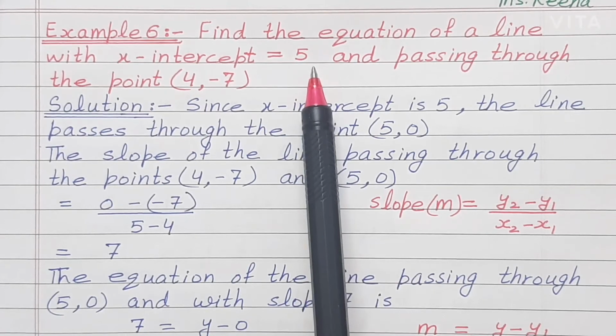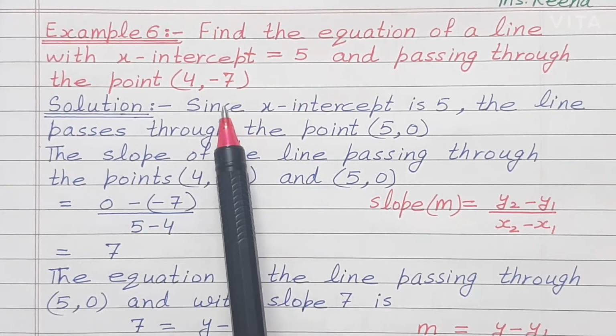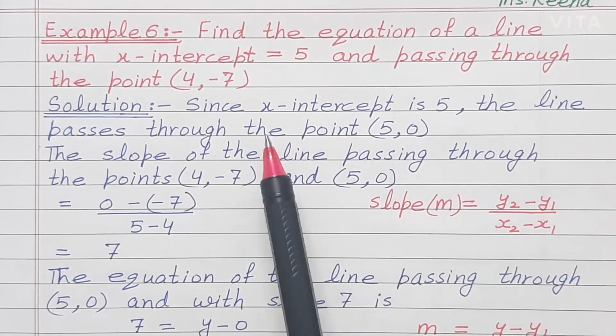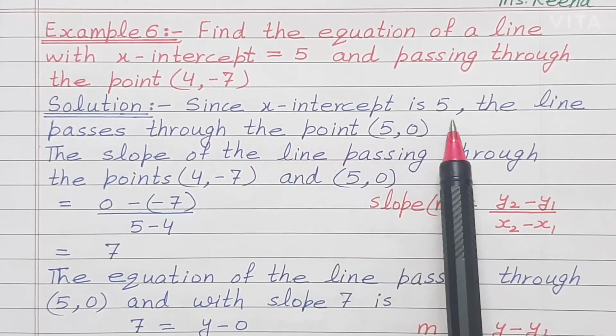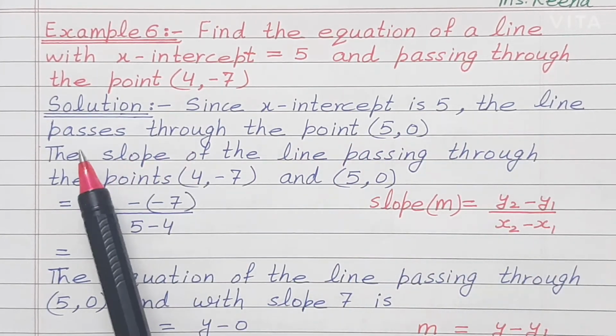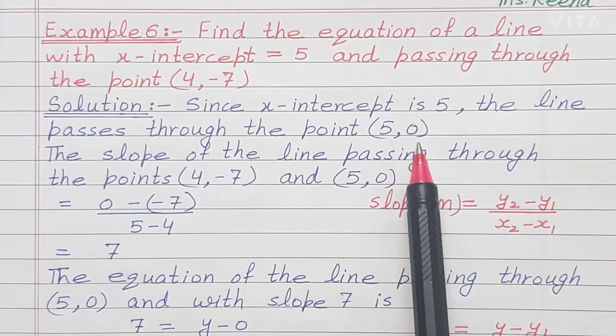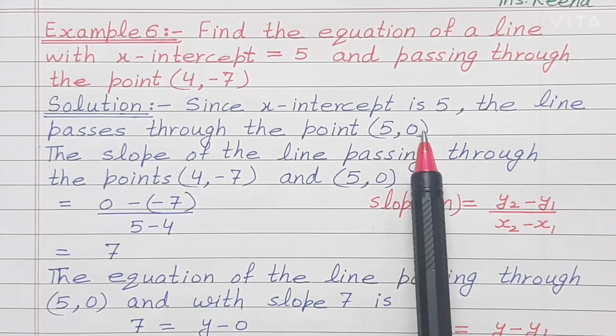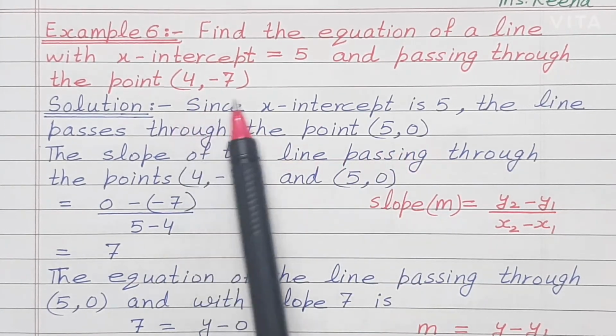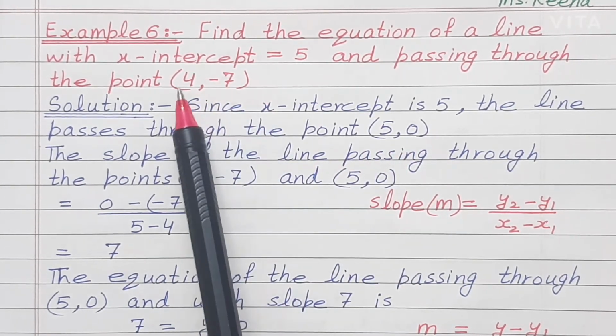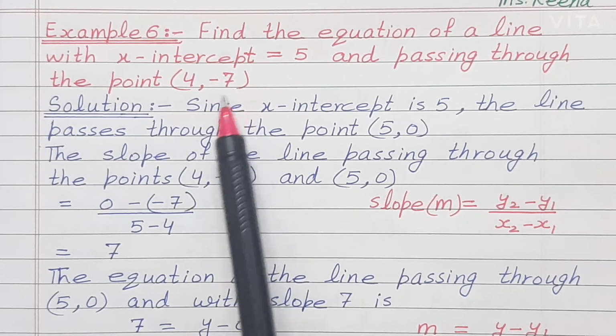So c is given to us and one coordinate is also given. Let us see how to solve. Since the x-intercept is 5, the line passes through the point (5, 0). Clear? Here y is 0 and the other coordinate is already given, that is (4, -7).